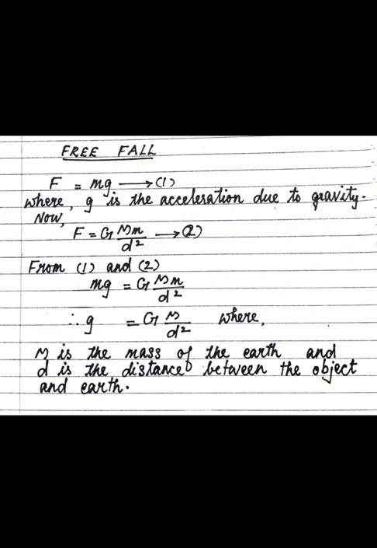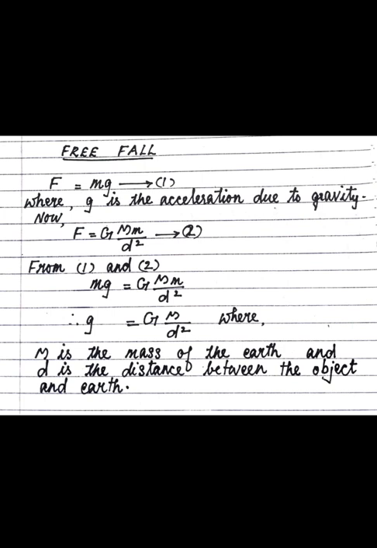And this acceleration is due to the gravitational force. And therefore, this acceleration is called acceleration due to the gravitational force of the earth, or we call it by the name acceleration due to gravity. That means any object which is falling towards the earth, there is a change in the velocity, and as a result there is an acceleration. As this acceleration is due to the gravitational force of the earth, we call it by the name acceleration due to gravity.